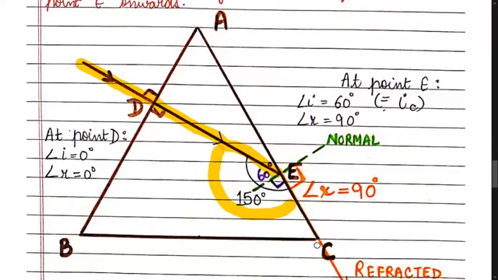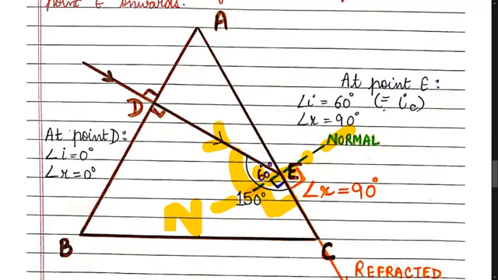Angle DEC is given to be 150 degrees, and let us draw a normal at point E. Normal means the angle between the normal and CE is 90 degrees. Then, students, in that case the angle between DE and the normal is 60 degrees. Now what is the angle of incidence for light falling at point E?